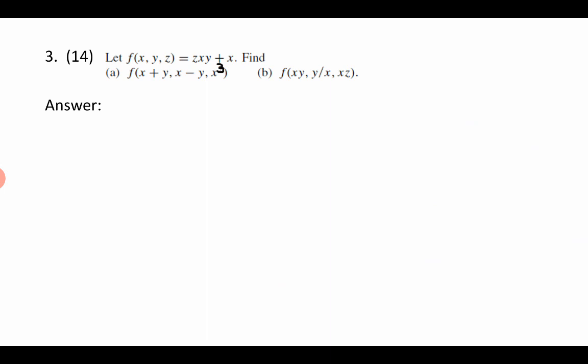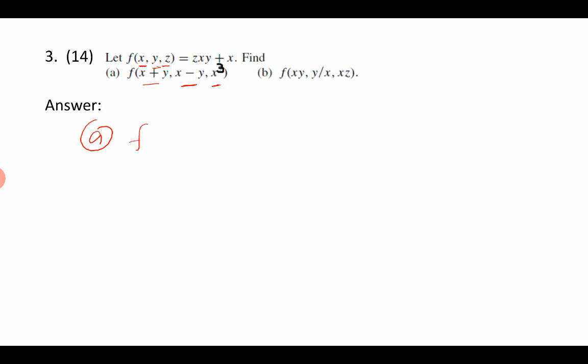A function of 3 variables has been given now. The same task should be done. I would like to solve one of them. Is it good to solve both? Okay, no problem. Question A: x should be replaced by x + y, y replaced by x - y, and z replaced by x³ in the given formula.